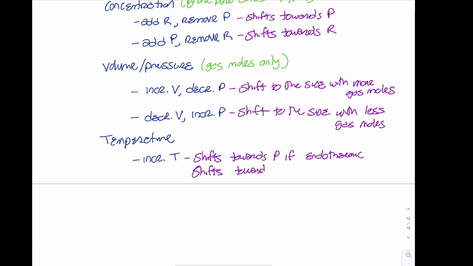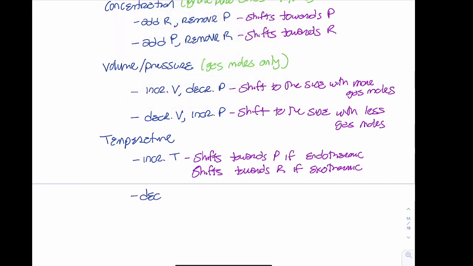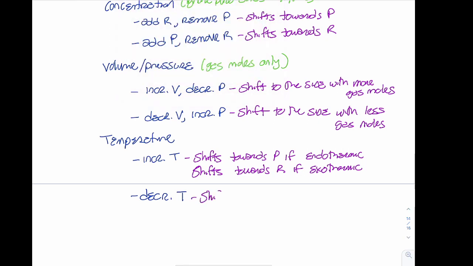Shifts towards reactants if exothermic. If we decrease temperature, the opposite of what we just wrote, shifts towards reactants if endothermic, shifts towards products if exothermic.